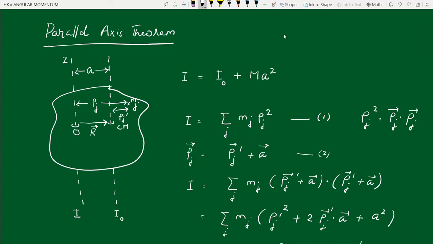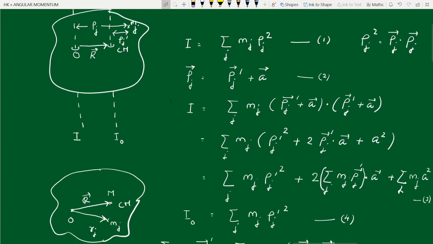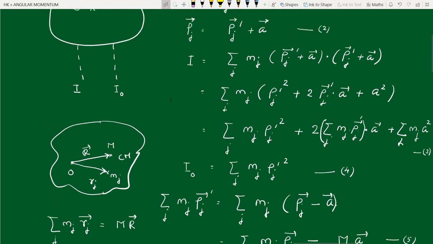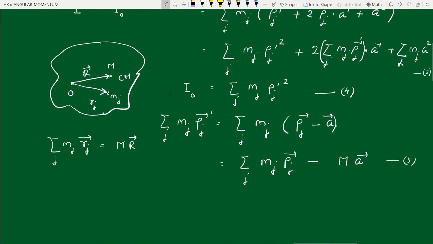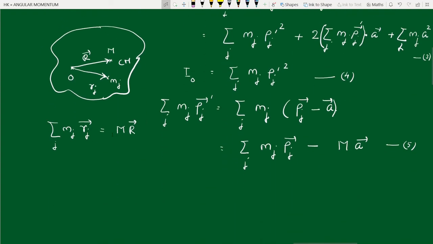Let's come back to this equation. The moment of each mass is equal to the moment of the center of mass.